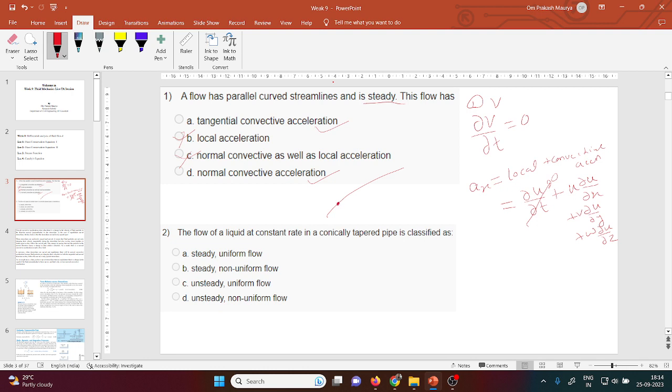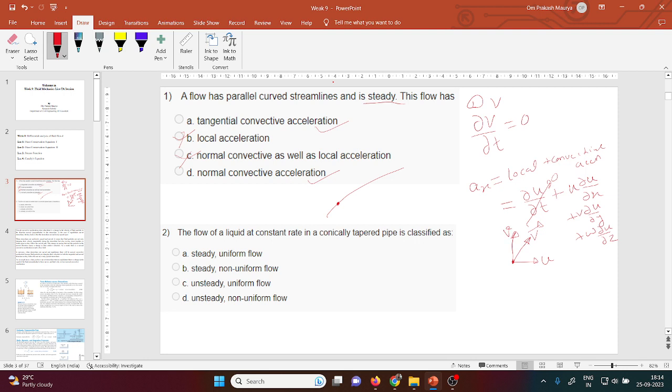If we try to measure the velocity of the fluid particle, let's say the velocity components are u and v.